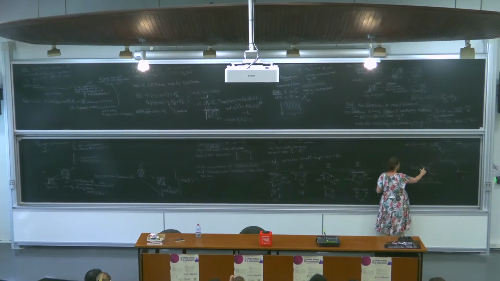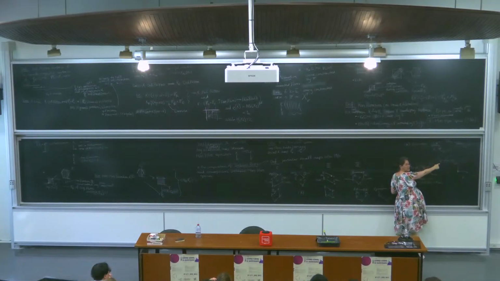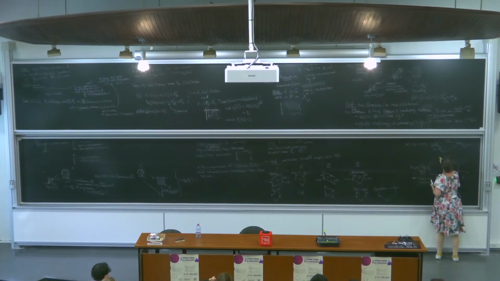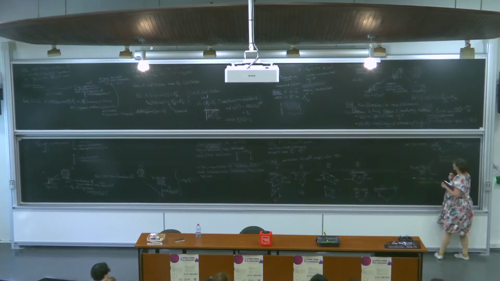Our Galois action exchanges these 2 red points and therefore also these 2 pencils. Now, if I blow up these 2 points simultaneously, the Galois action lifts to a Galois action here, and it exchanges these 2 red curves.